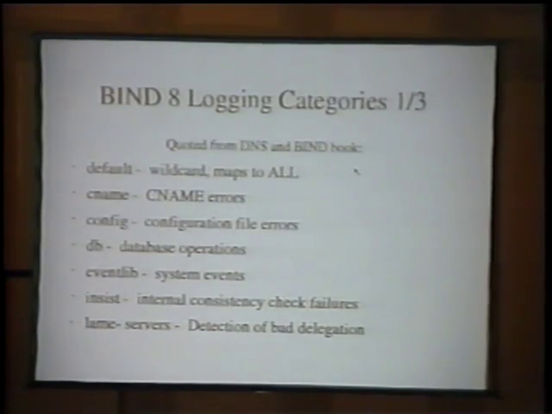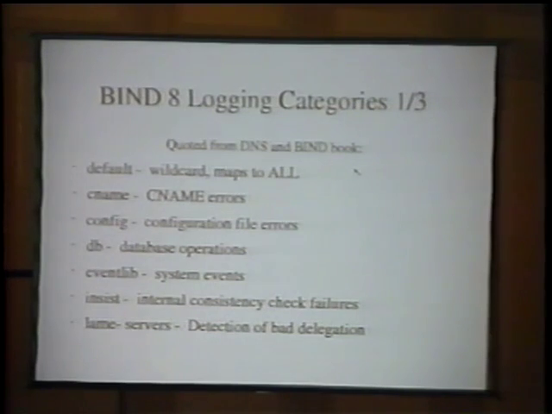So what I've given you is basically a list of some of the BIND channels that are really useful. CNAME is all the CNAME errors. If you see stuff coming out of the CNAME channel, it just means one of your zone databases is probably corrupt. Sometimes it can be a security problem, so again, read your logs.